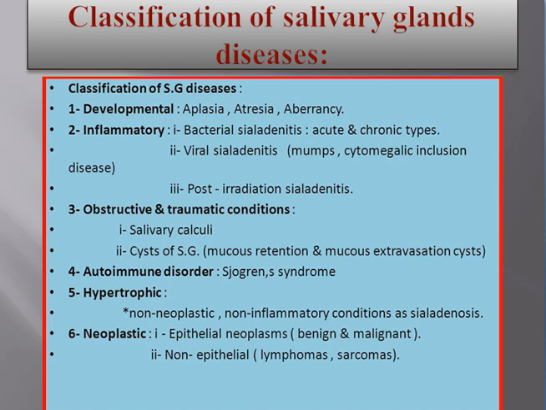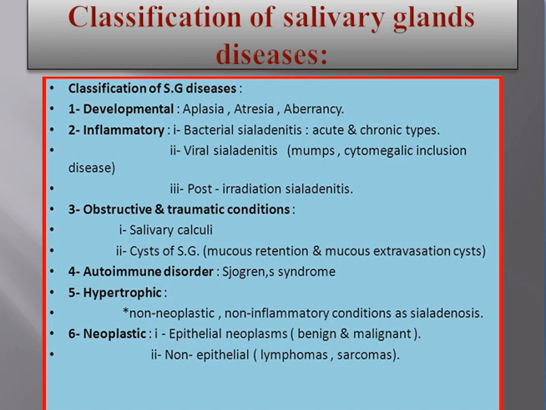I prepared for you different types of classifications of the salivary gland diseases and disorders, and let's see all of them, and then we'll stop at the most widespread acute and chronic diseases of the salivary glands. This classification contains several parts.